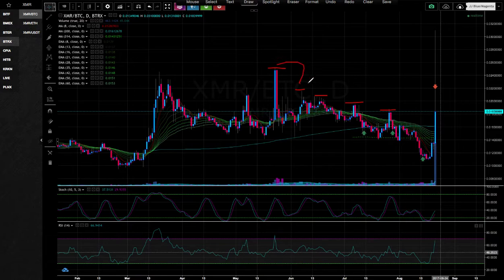See all these lower highs relative to each other. And then here you finally got a lower low. Some people will look at this and say, oh no, it's bearish, I'm not going to buy. But this is essentially an intermediate term down trade within the big picture bull market.